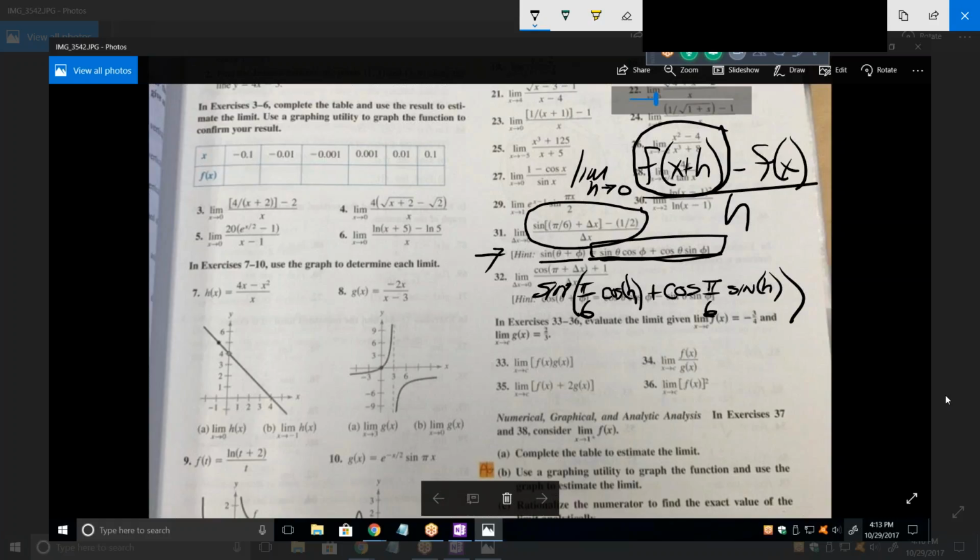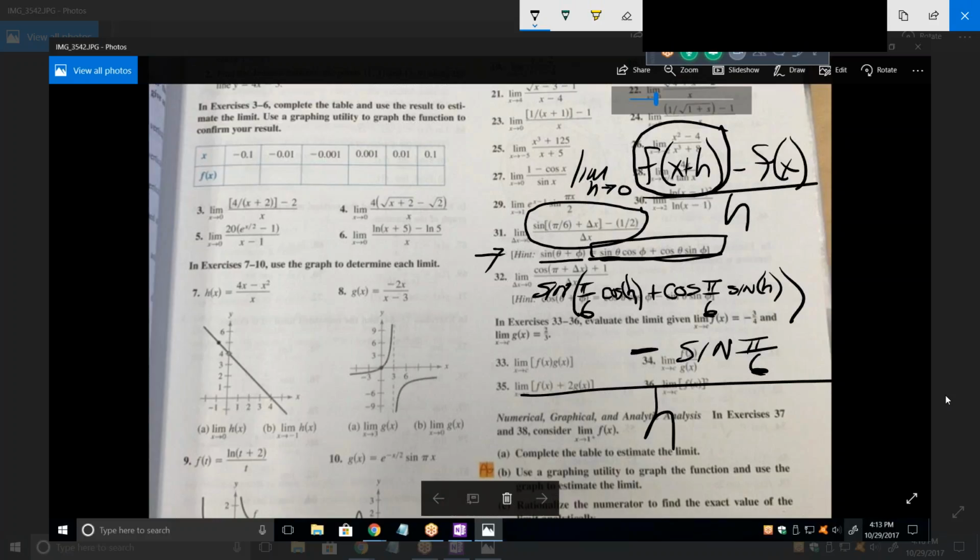I got to subtract from that f of x, which clearly is the sine of pi over 6. And then I'm going to divide the whole thing by h and figure out what this whole thing is equal to as h goes to 0. Well, what's the sine of pi over 6?